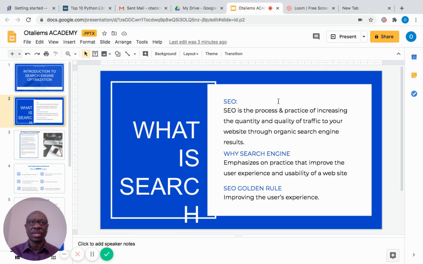It is all just a result of your effort in optimizing your site and making it Google and other search engine ready. So SEO is the process and practice of increasing the quantity and the quality of traffic that goes to your website through organic search.